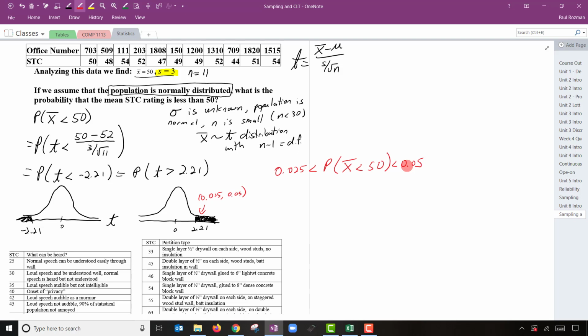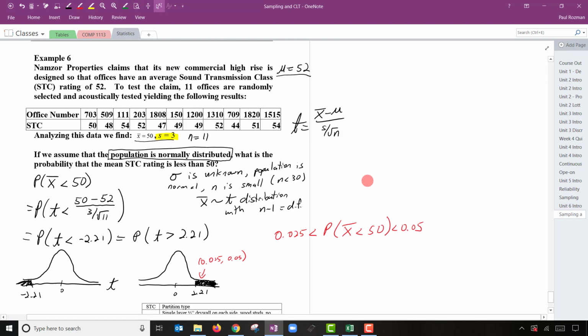It's under 5% though. So this means that we have statistical significance. A rare event happened when we assumed that the mean was 52. So either our data was weird, we went to the 11 worst offices, or maybe their 52 is wrong.